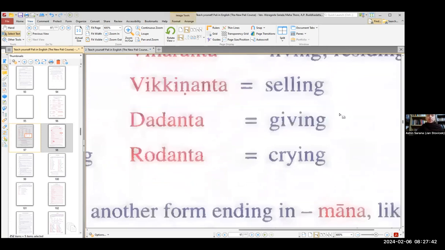So it's not danta or dasanta. No, it is dadanta. But for example, in the past tense, he gave is adase. You could say adade as well. So it's very good to look at the grammatical portion and think about that.